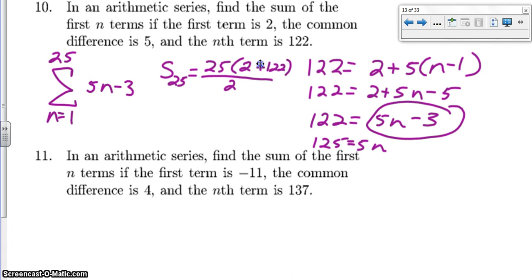So 122 and 2 is 124. 124 divided by 2 is 62. And that, of course, is times 25. And my answer is the series total of 25 terms is equal to 1,550.